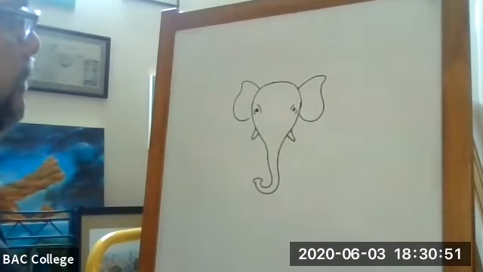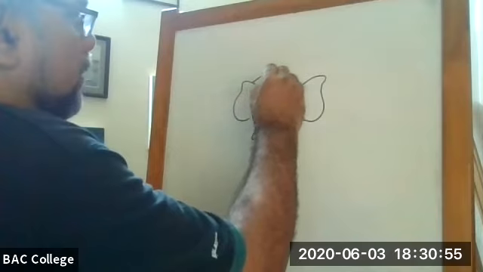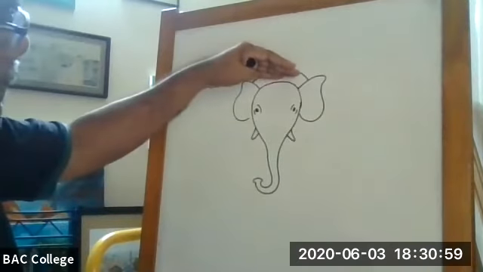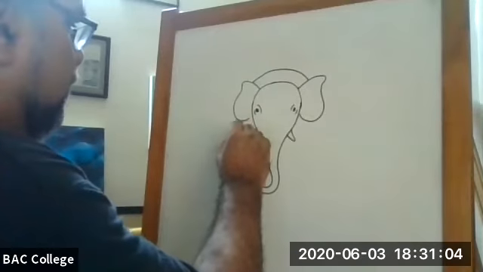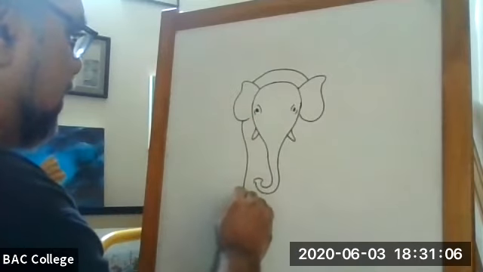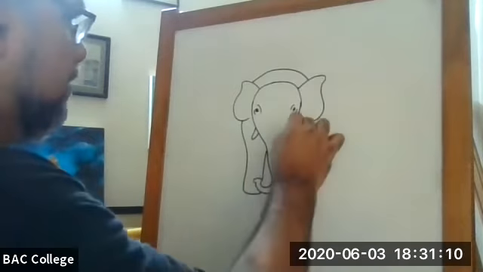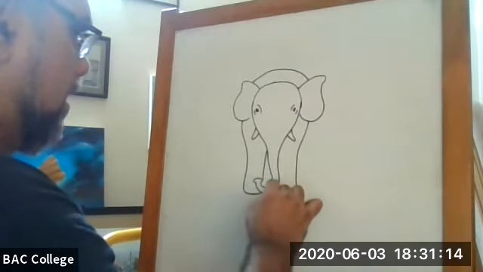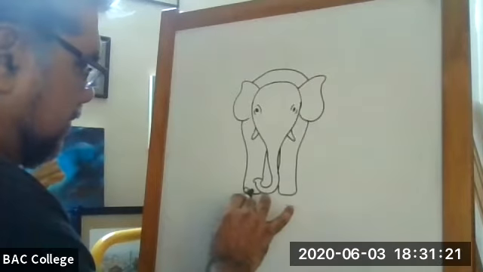Okay, all right. And then draw the back body over here. You can see the back part of the body, the backbone and all that. And then you curve out here and one leg here and another leg here, right?